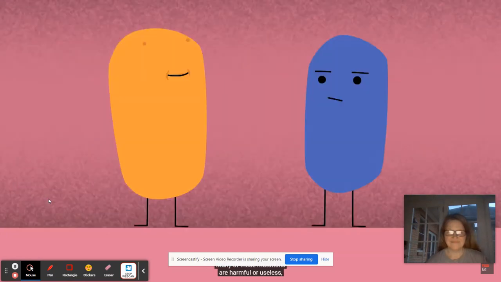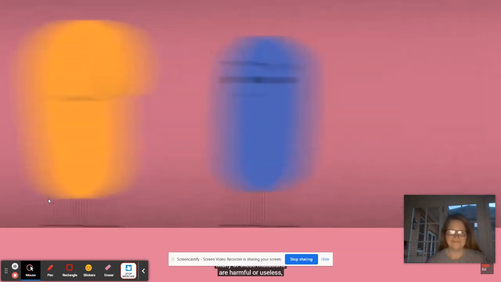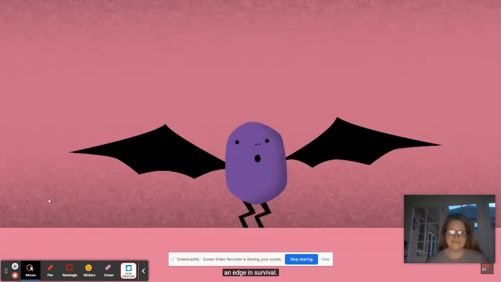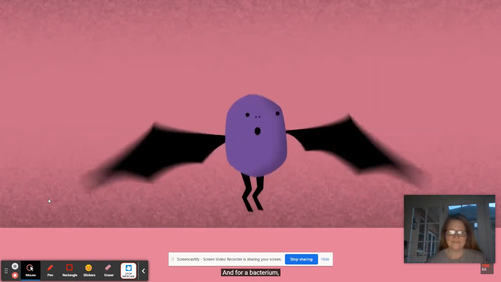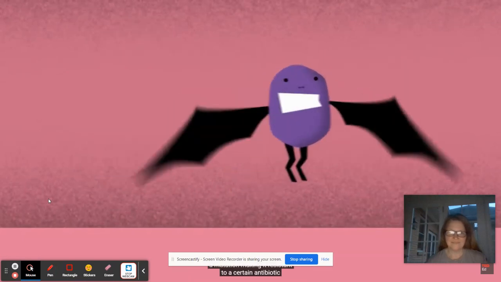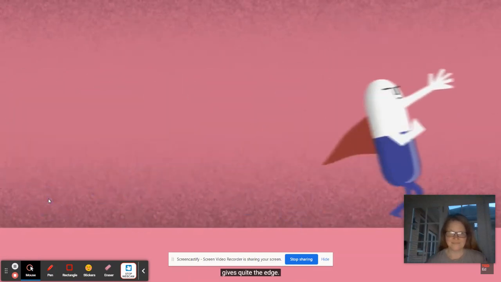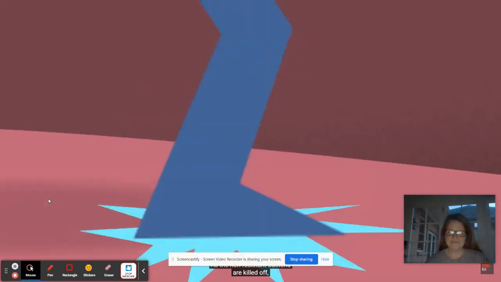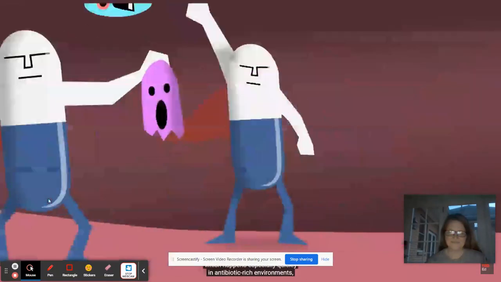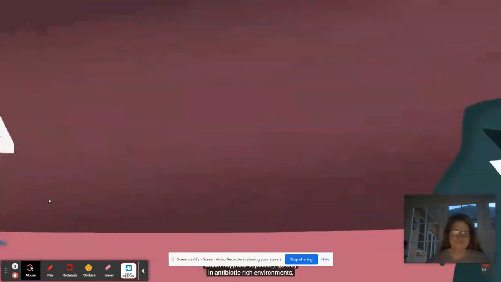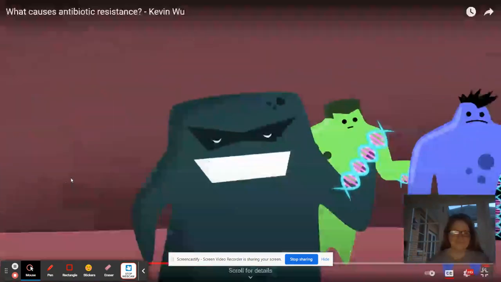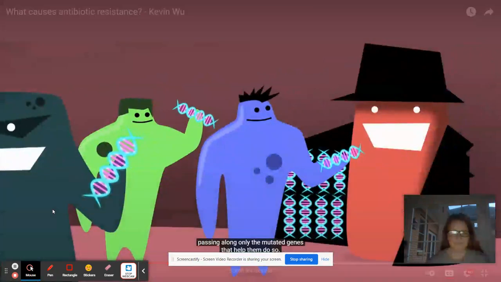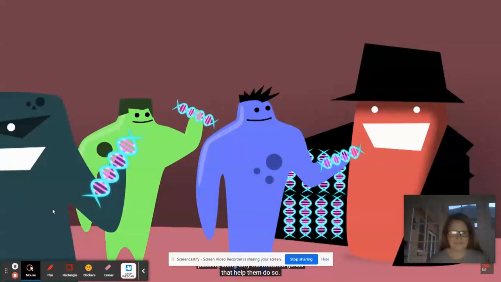Many of these mutations are harmful or useless, but every now and then one comes along that gives its organism an edge in survival. And for a bacterium, a mutation making it resistant to a certain antibiotic gives quite the edge. As the non-resistant bacteria are killed off, which happens especially quickly in antibiotic-rich environments like hospitals, there is more room and resources for the resistant ones to thrive, passing along only the mutated genes that helped them do so.